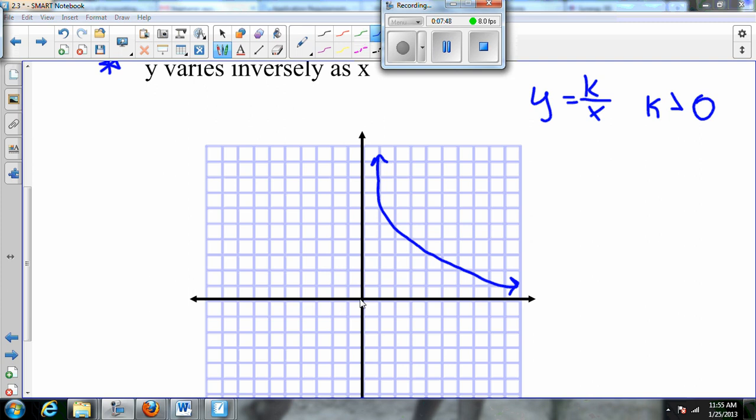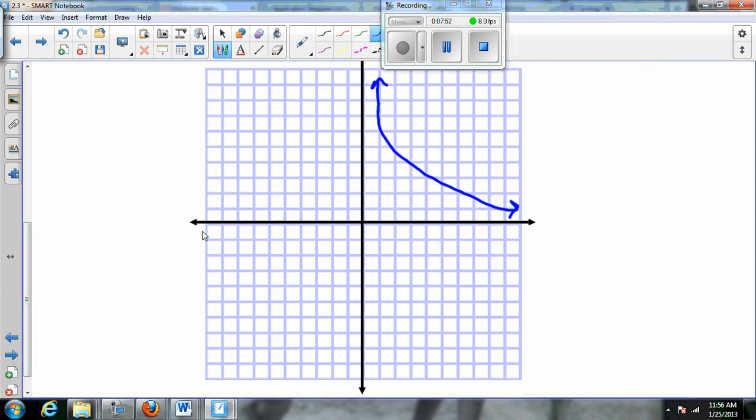It will also be symmetrical to the origin, so it will flip and be mirrored across. So it's a hyperbola with its 2 branches in opposite quadrants.